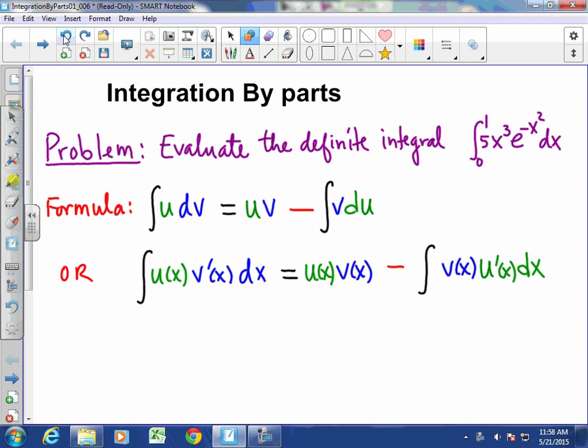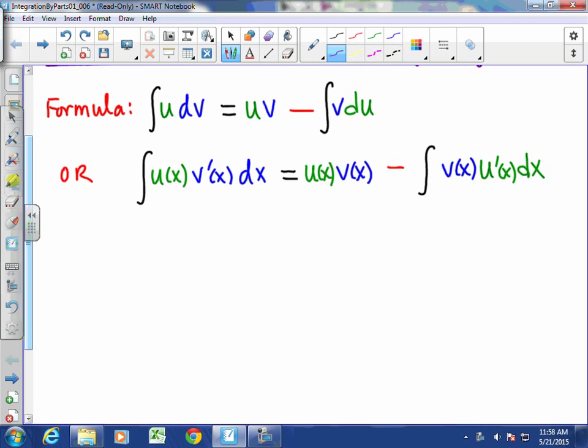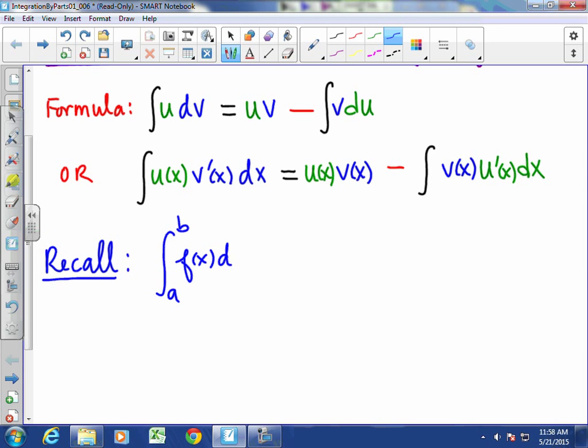So it's given here. Recall that the integral from a to b of f of x dx is the integral of f of x dx evaluated at b minus evaluated at a.